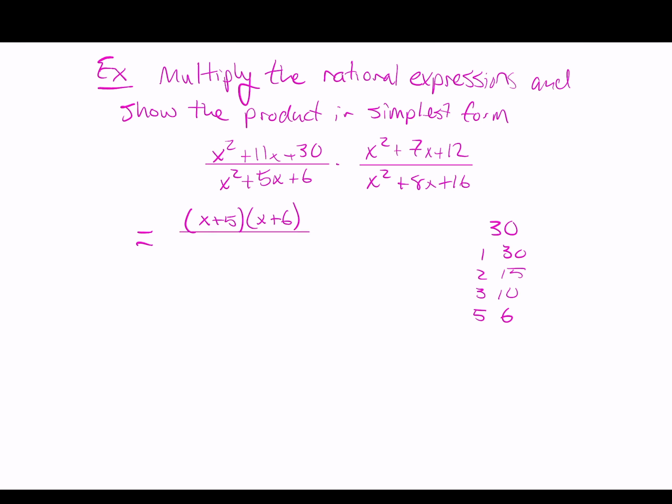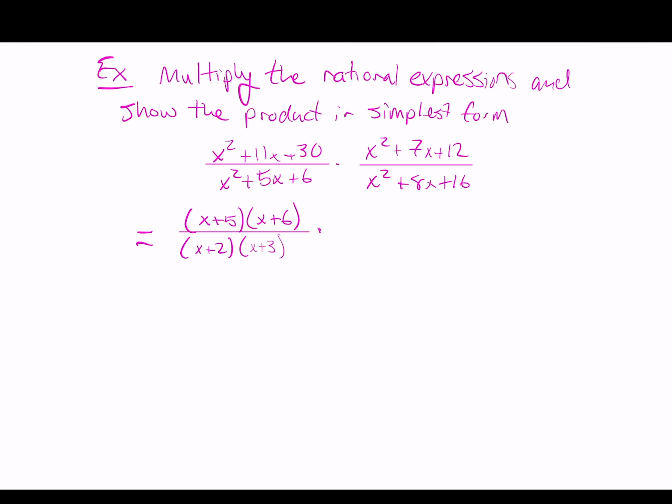And in that denominator, we have x squared plus 5x plus 6. What are the factors of 6 that when we add them, we get 5? I believe that's going to be 2 and 3, x plus 2, x plus 3. We'll erase that. And then we'll have times the numerator.